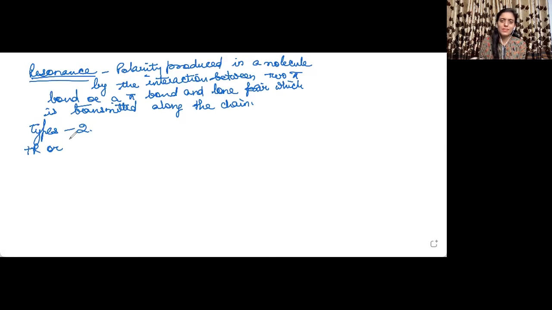So if the electrons are released by a group, it is a plus I effect. Plus R effect is similar: if a substituent is releasing electrons towards a conjugated system, it is said to have a plus R effect. So it is the electron releasing resonance effect.